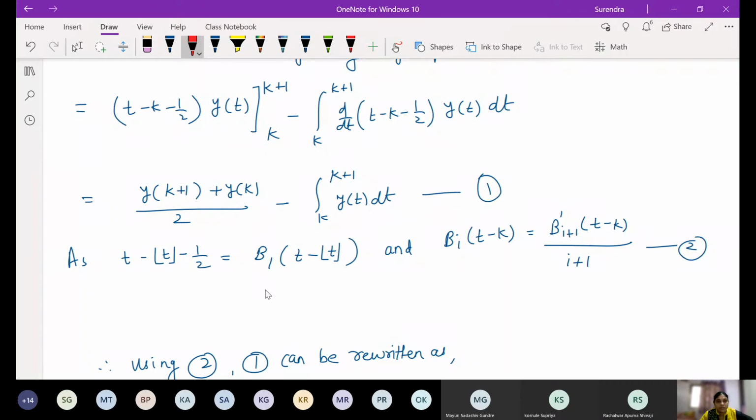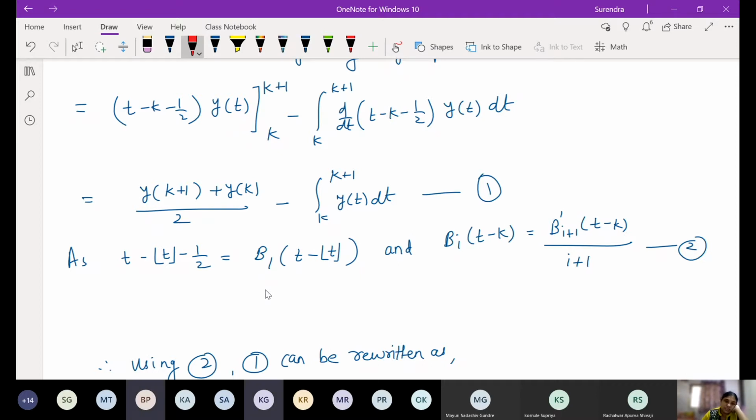So what will remain here? k and k will get cancelled, leaving 1 minus half, which is half. And if I substitute the lower limit, k minus k will get cancelled and minus half will remain only, so minus half y at k. Since it is the lower limit, minus minus will become plus.